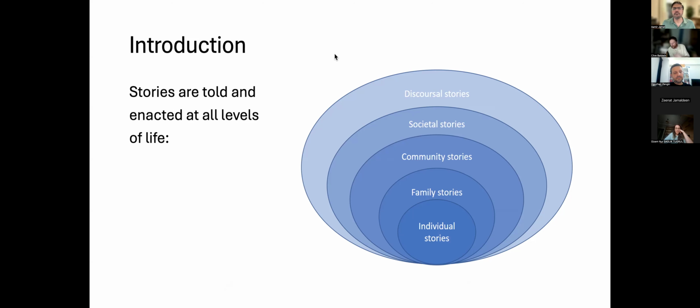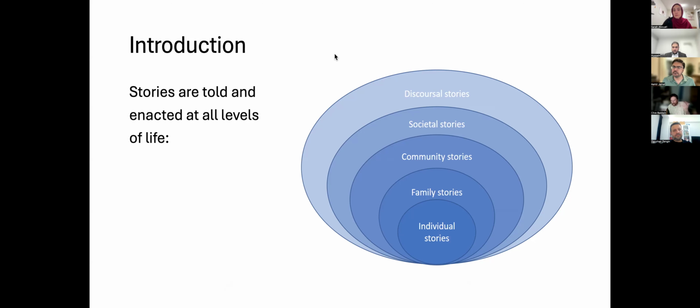And then, at a wider level, there are the community stories, what it means to be part of a much bigger group. An example I use from England is that in 1984 there was a miners' strike under the Thatcher government. In working class mining communities, the stories that kept them together were stories of solidarity, of never breaking strikes, of strength of union.